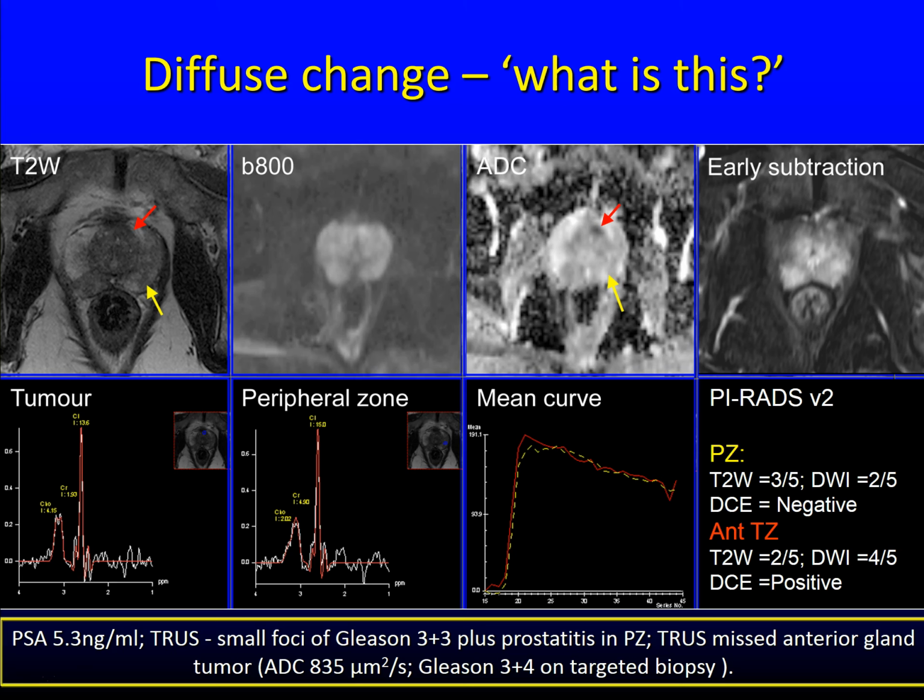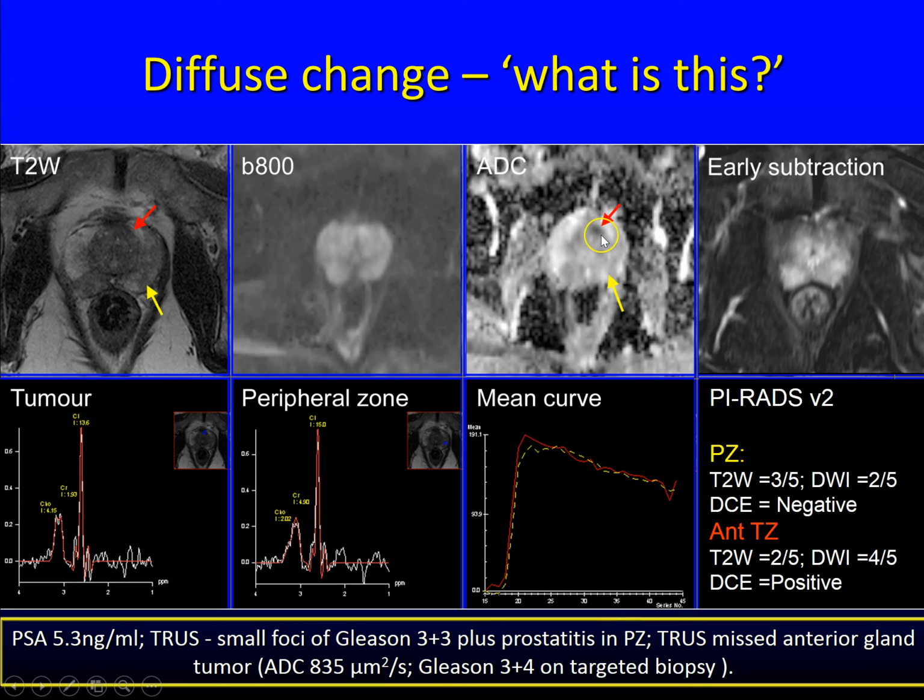So here, for example, is a patient with a raised PSA. You can see there's diffuse low signal change in the peripheral zone. On the contrast enhancement, you see no focal abnormality, but you see quite a lot of diffuse enhancement, and this was biopsy proven to represent prostatitis in the peripheral zone.